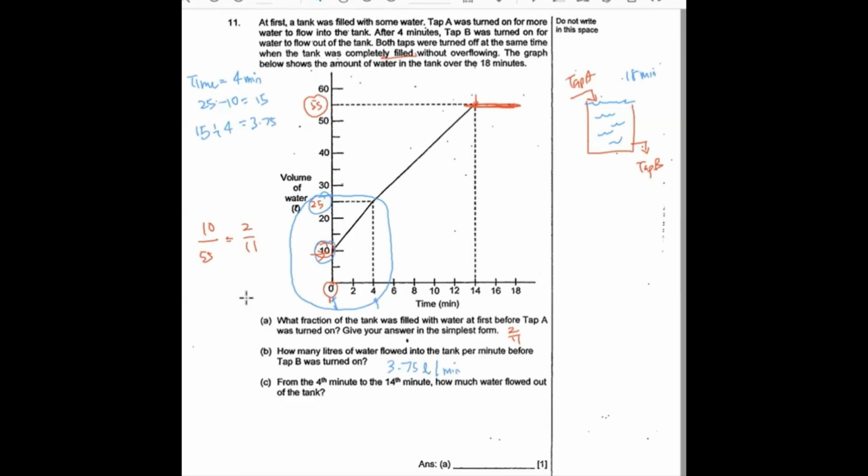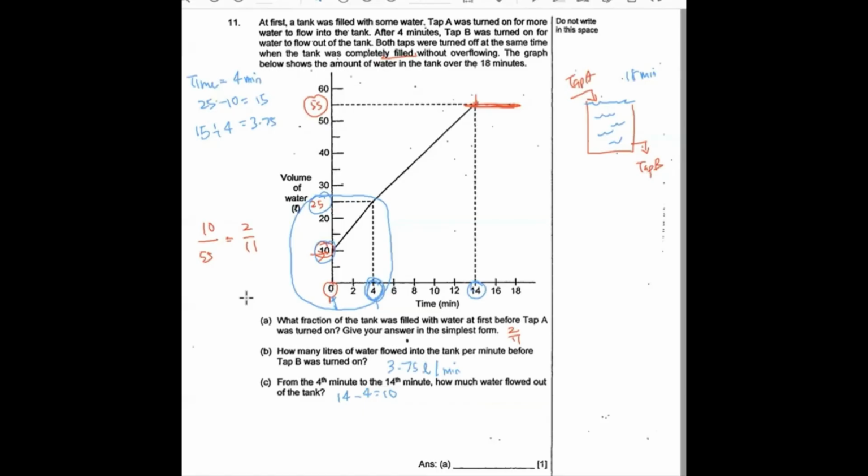Okay. Now part B, from the 4th minute to the 14th minute. So from here to here, how many minutes have passed? 14 minus 4, 10 minutes has passed. Okay. How much water flow out of the tank? From the 4th to the 14 minutes. During this time, tap A is still turned on.